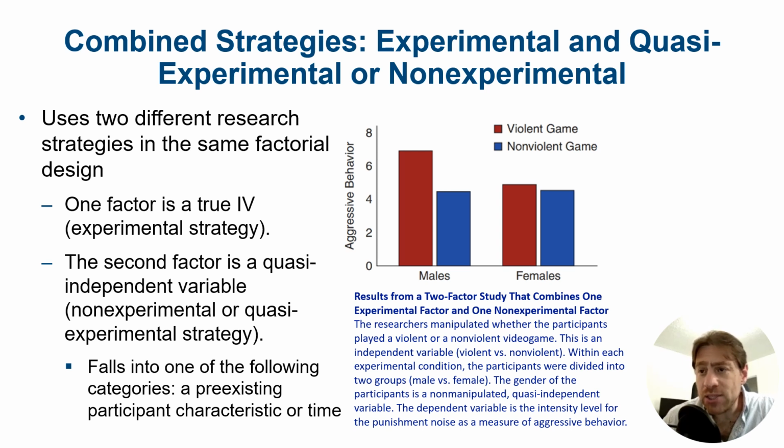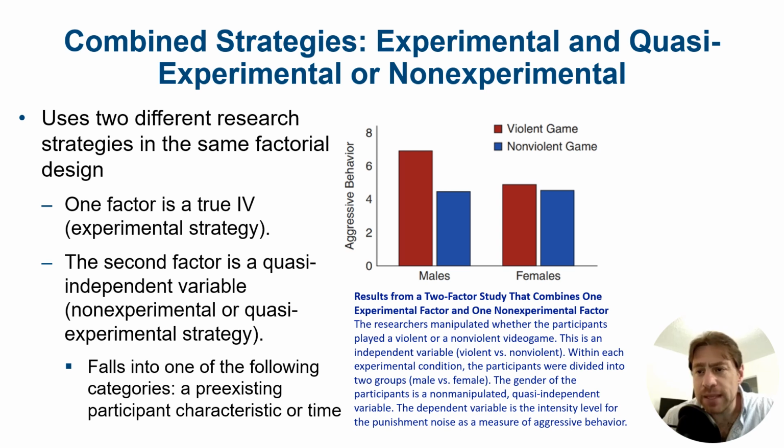And so these strategies will often consist of a true independent variable, a variable manipulated by the researcher to create the different conditions, and a quasi-independent variable that may include, let's say, pre-existing participant characteristics like age or gender, or time, like comparing the immediate and long-term effects of two different therapies.